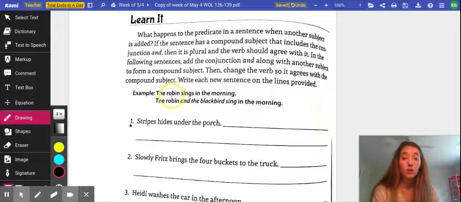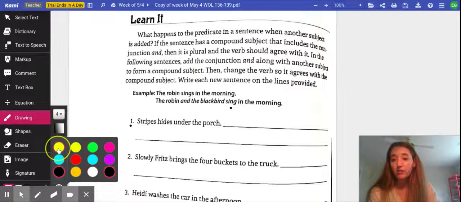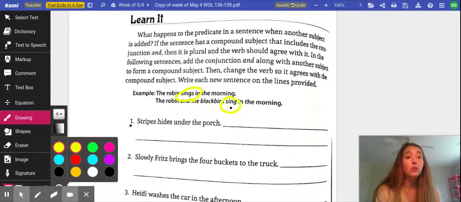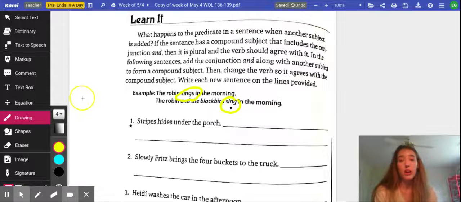Singular subject, robin sings. Now, if we wanted to make it a compound subject, the robin and the blackbird, we would now change the predicate verb from sings to sing. So that will agree with a plural noun or that compound subject, 2 or more.